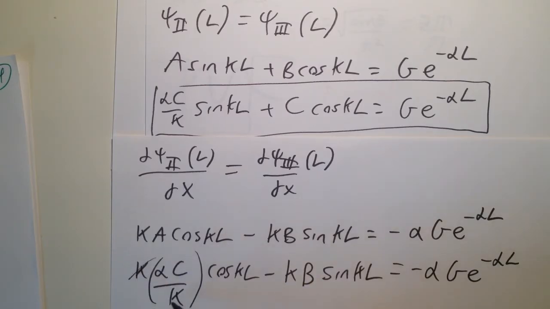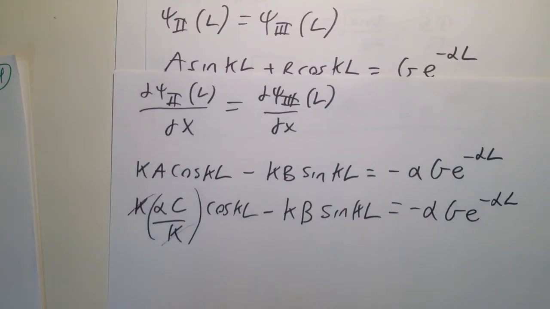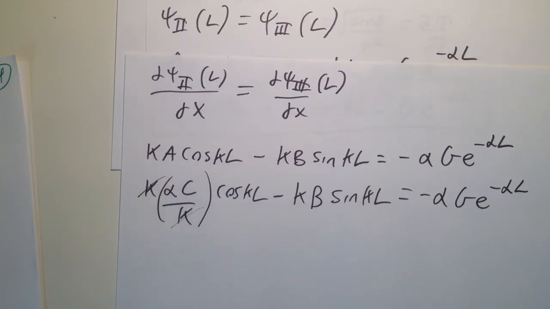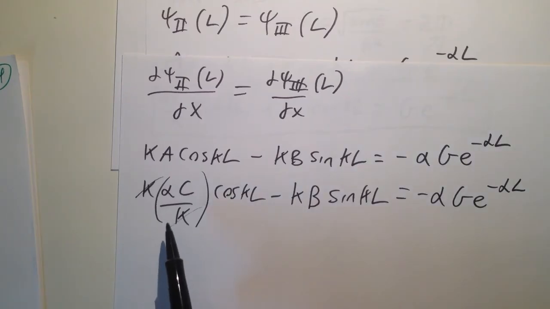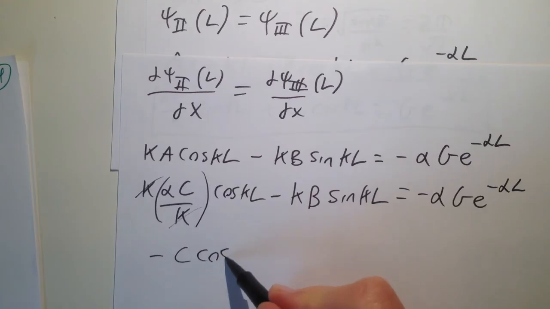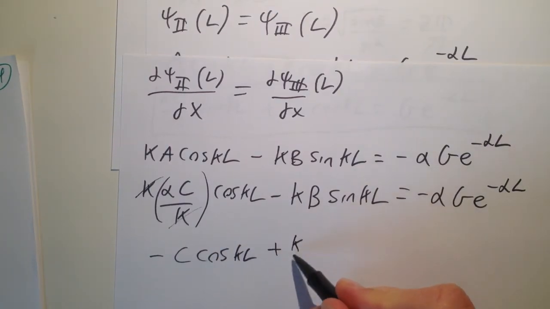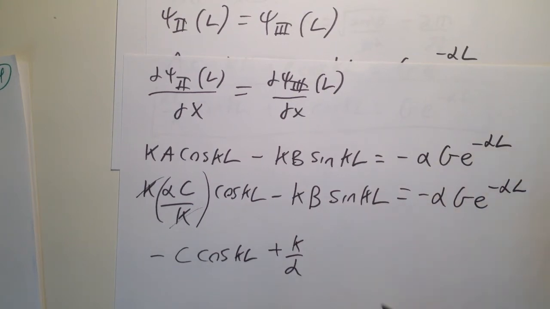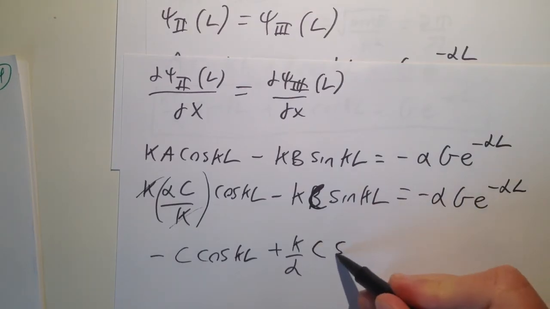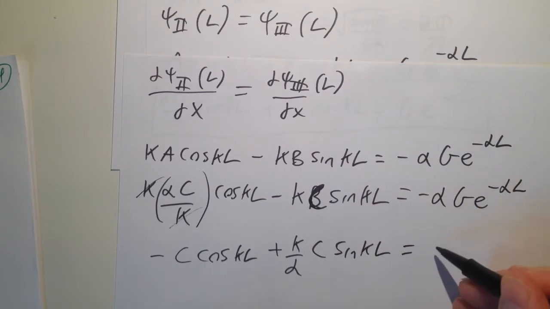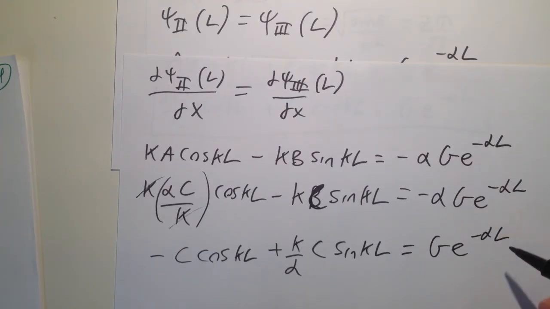Let me cross out both of these k's, and I'm going to divide both sides by minus alpha just to take this one more step. So this one becomes minus c cosine of kL, here this becomes plus k over alpha. Oh, I'm sorry, I was supposed to replace this b with a c. Sorry about that. And c sine of kL, and this becomes equal to g e to the minus alpha L.